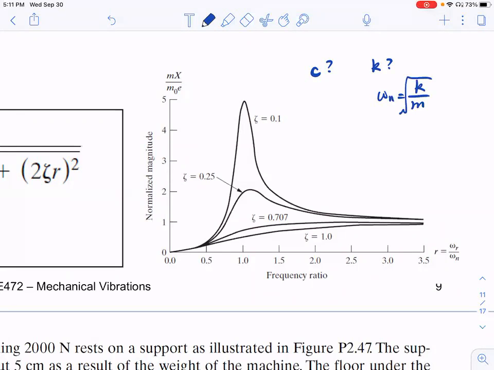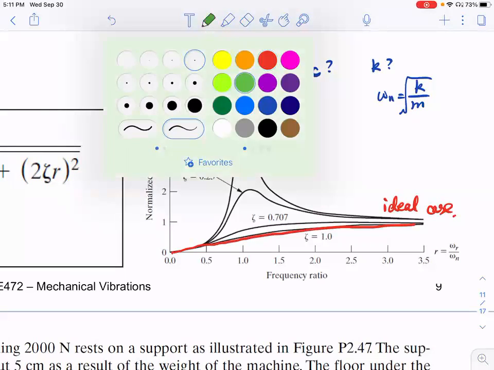All right, so let's look at the ideal case, in which we would like your system to operate. Again, we use a red line. That's our ideal case, right? And then if you want, you can also define the ideal region.